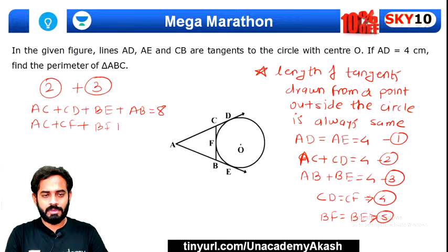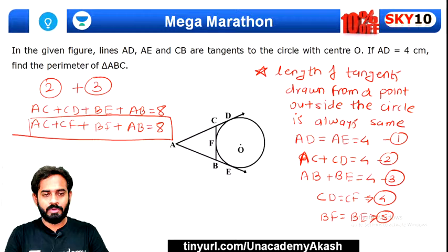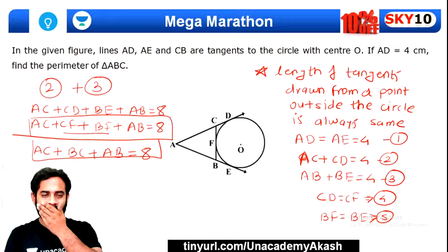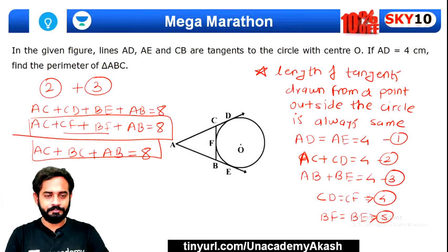So AC plus CF plus BF plus AB is equal to 8. And this is what we wanted, don't you think? This is nothing but the perimeter, because CF plus BF will be BC. So ultimately you will get AC plus BC plus AB equal to 8. So this is the perimeter of this triangle. So the answer is 8. I hope there is no doubt, guys.